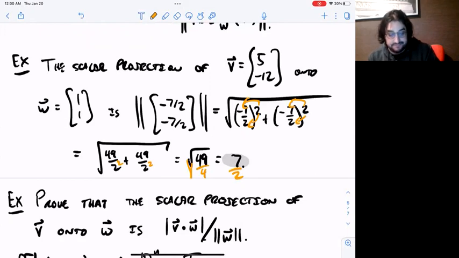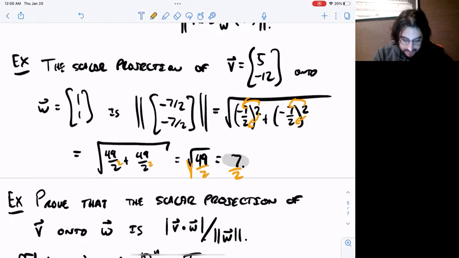Oops. Yes, there's a 4 on the bottom. Oh, sorry. A 2 on the bottom, right? Because it's a fourth of 49 plus a fourth of 49. There's a 2 on the bottom. There we go. Right. So our answer is actually 7 over root 2.